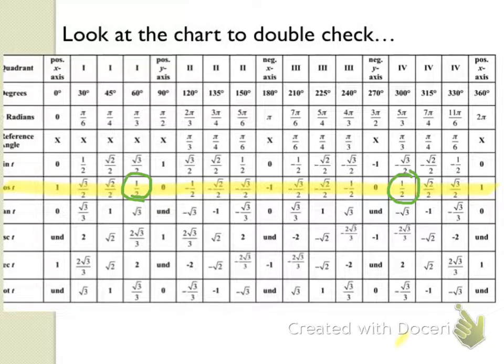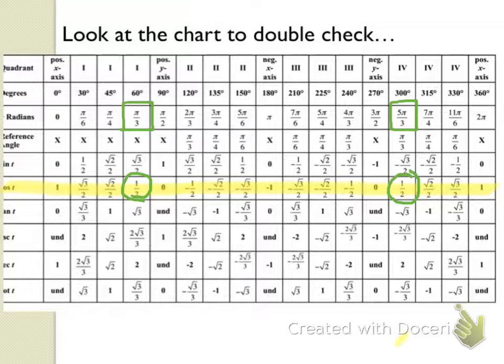So, when we're talking about an inverse cosine, if I'm taking the inverse cosine of 1/2, I not only could get an angle of pi over 3, I could also get an angle of 5 pi over 3. And that's just in one rotation or one period of the cosine function.